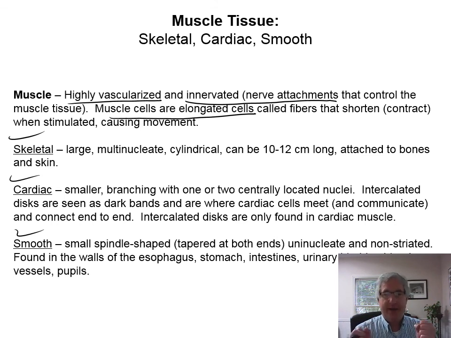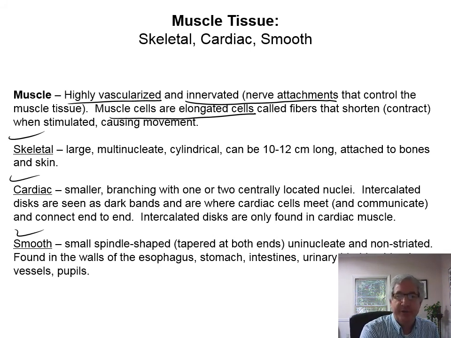That contraction is what allows you to move, or moves stuff along your small intestine, for instance, or your heart contracts and moves blood through your body. So muscle fibers contract in response to innervation, and they have lots of blood vessels around them.